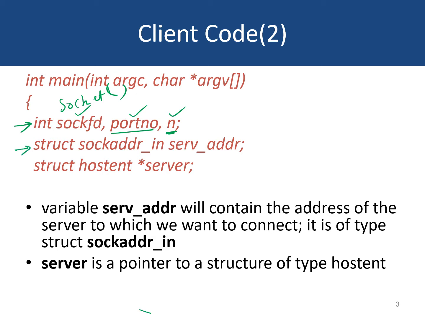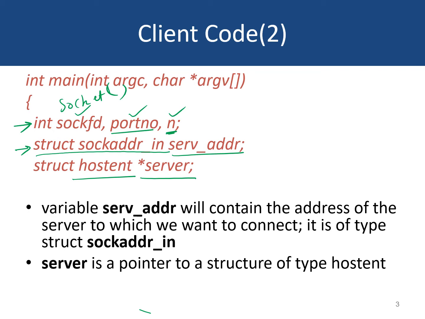Next, this variable server_address of type struct sockaddr_in will be used for storing the IP address and the port number of the server to which we want to connect. And finally, this variable server is a pointer to a structure of type hostent.